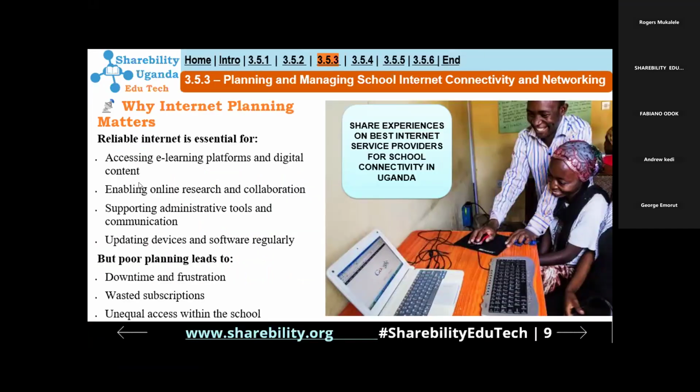So please, internet is essential for accessing e-learning platforms and digital content, enabling online research and collaboration, supporting administrative tools and communication. Many of you are adopting report card software, like school management systems, like SurePay and others. You need internet to access them.